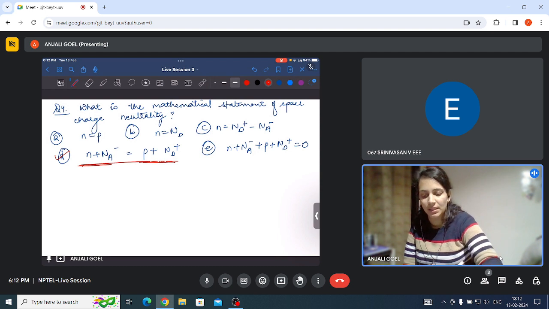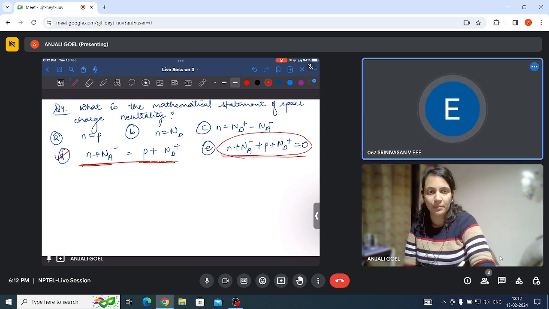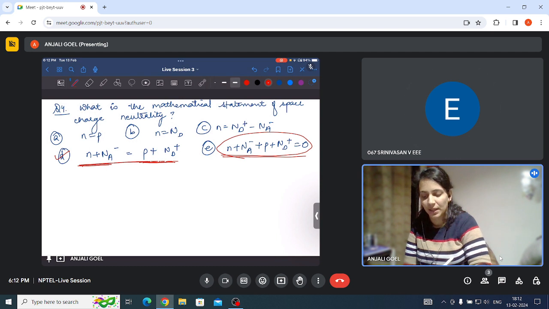Ideally the concentration of both is the same, so that is space charge.